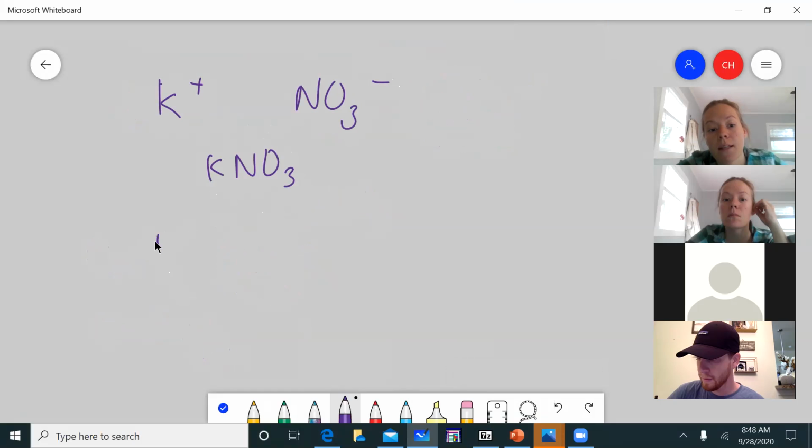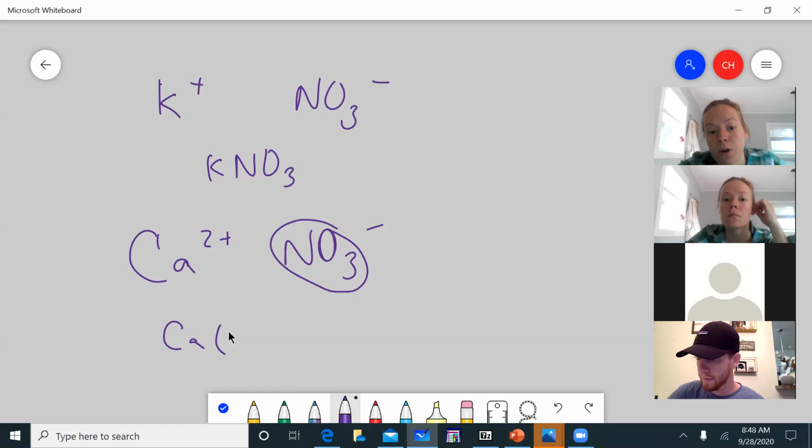But let's look at the next one, the calcium. If I take calcium, which is 2+, and combine that with the nitrate, and I flip-flop, I have 1 calcium, right? But the nitrate, I'm going to have to have 2 of these. So I will put it in parentheses, NO3, and I'm going to multiply it by 2. Does that work there?